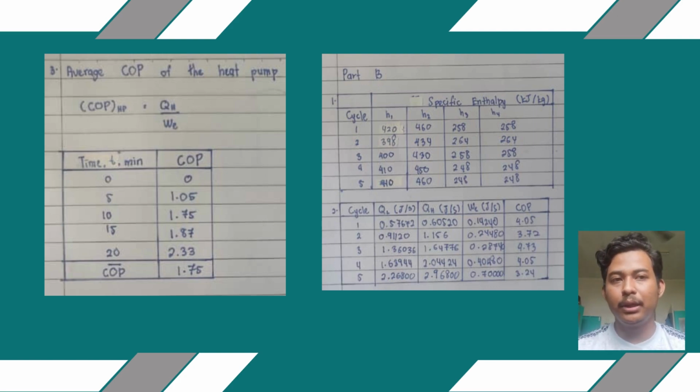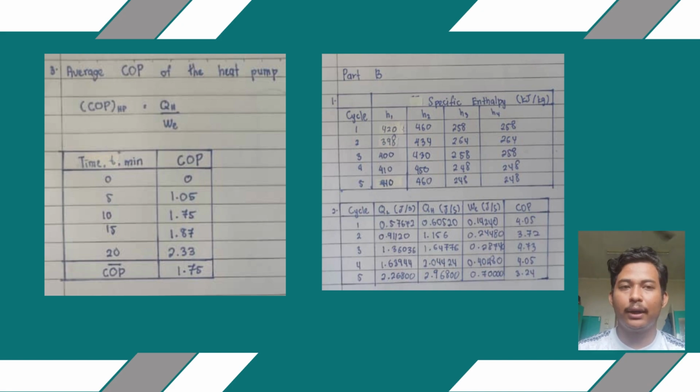For the part B, we need to find the specific enthalpy H1, H2, H3 and H4 from the figure 2 pH diagram. And then from the data collected, we need to find QL, QH, WE and COP for cycle 1, 2, 3, 4 and 5.